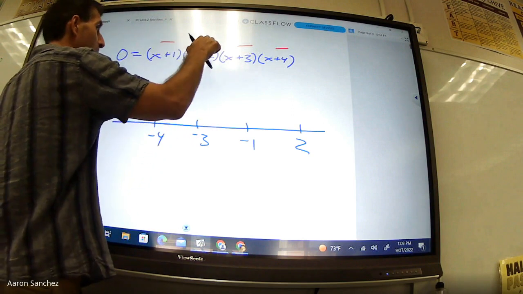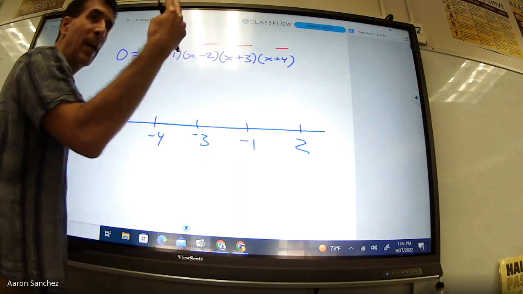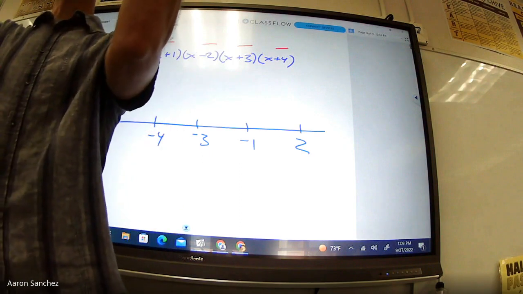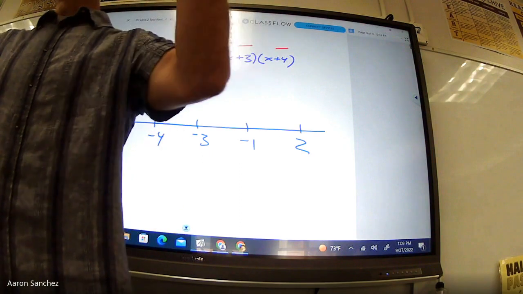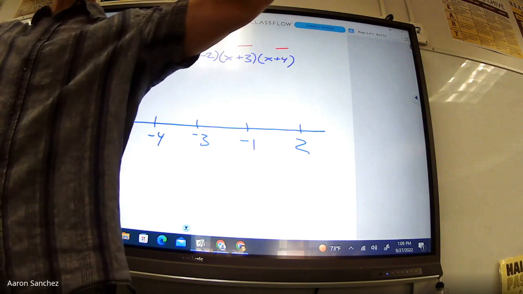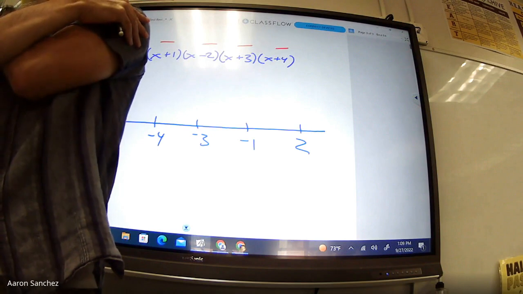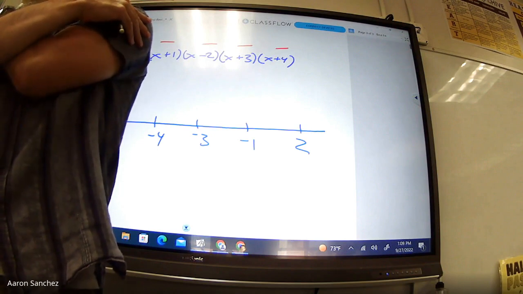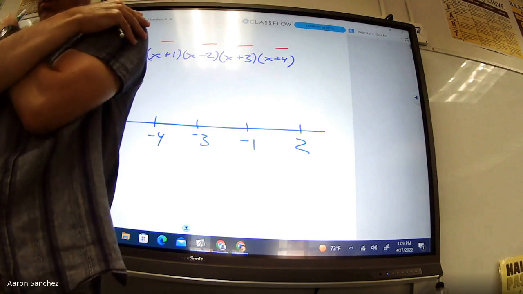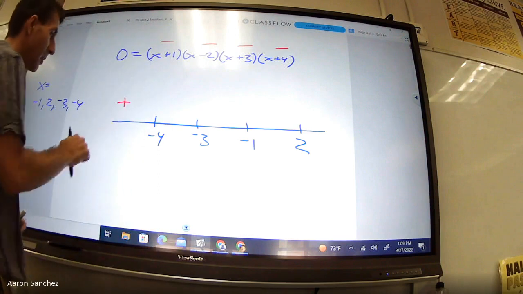Whenever I multiply 4 negatives, anytime I have pairs, the two pairs become positive. So I have two negatives, they become positive, which becomes positive. Wakanda forever. This is Wakanda. So then we got positive.